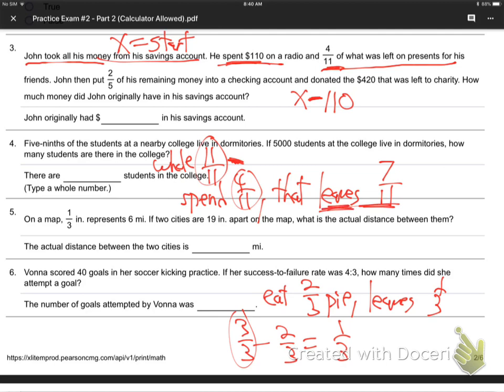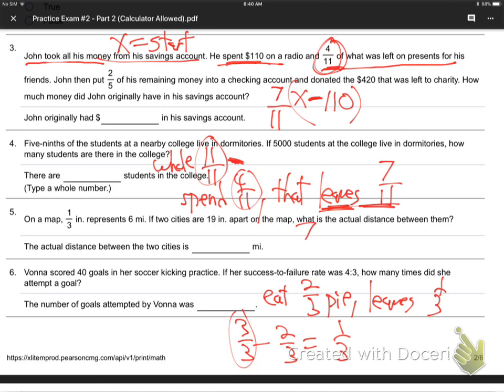So that means if John spent 4/11ths of this, right? So he started off with X, he spent 110, and then he took this amount, and he spent 4/11ths. That leaves 7/11ths, right? See why I put the 7/11ths there?